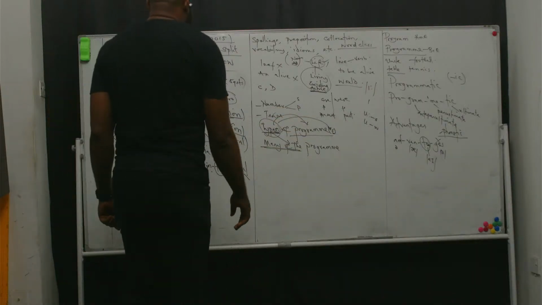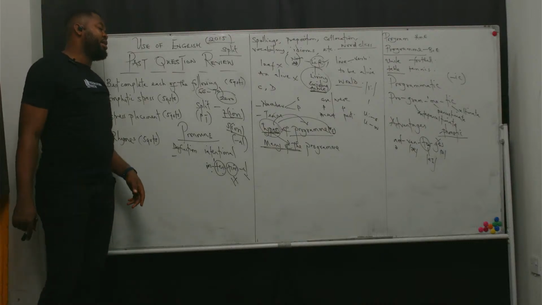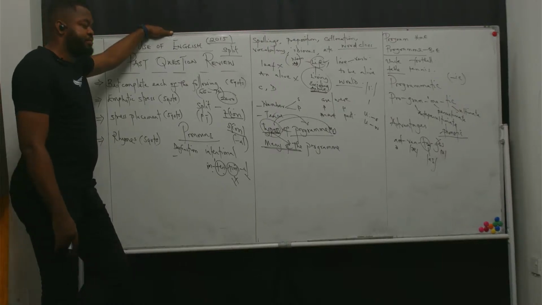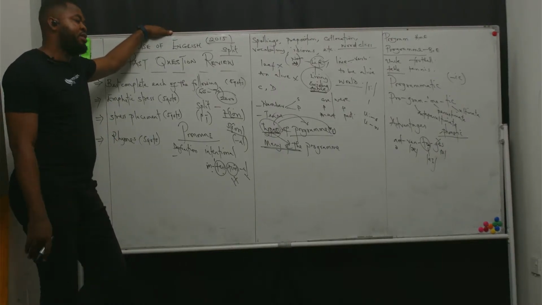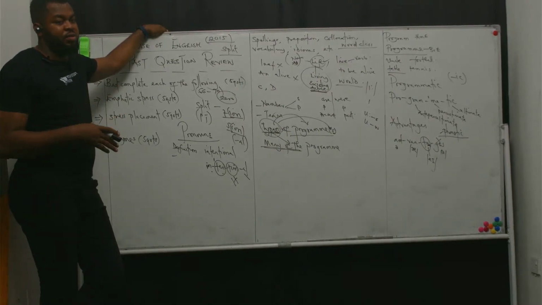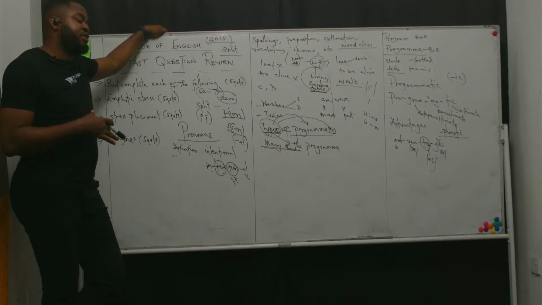So for rhymes, basically, remember that rhymes deal with similarity of sounds, and is basically based on pronunciation or sound system, not on spellings. Do you understand? Rhyme is not dependent on spelling.